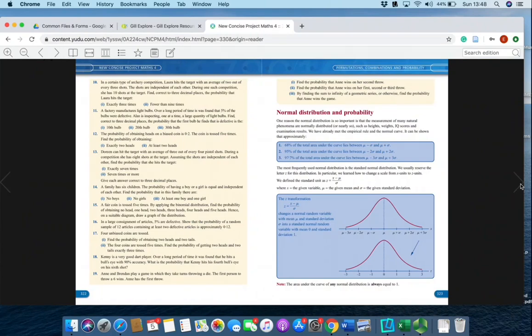The normal distribution curve, here in the book, often called the bell curve, is one of the most important curves that we have in anything. Anything that you need to do statistical analysis on, the bell curve is super important.